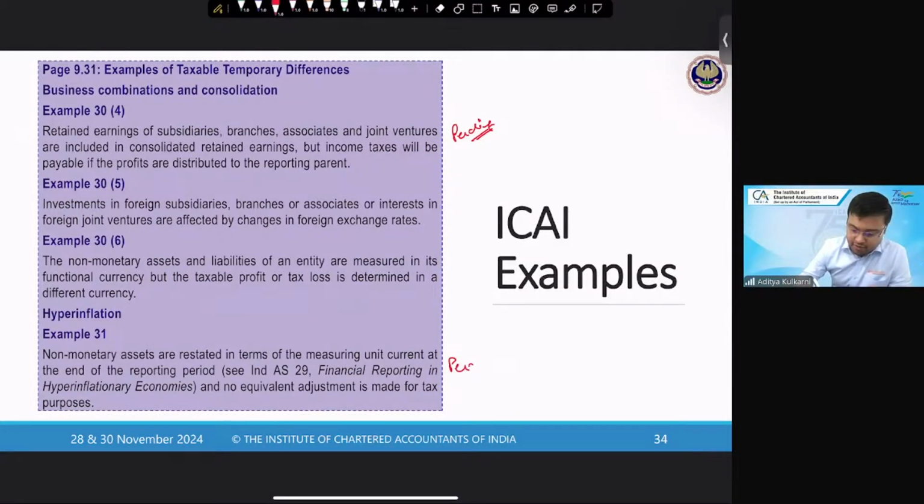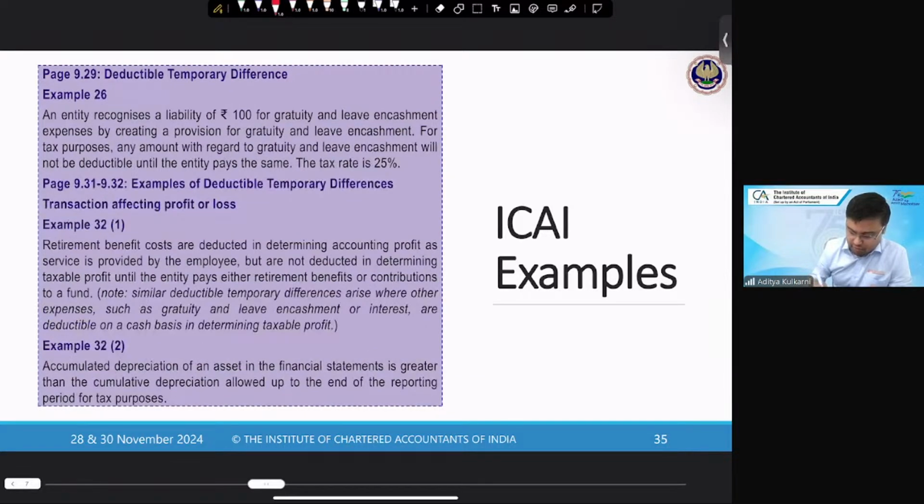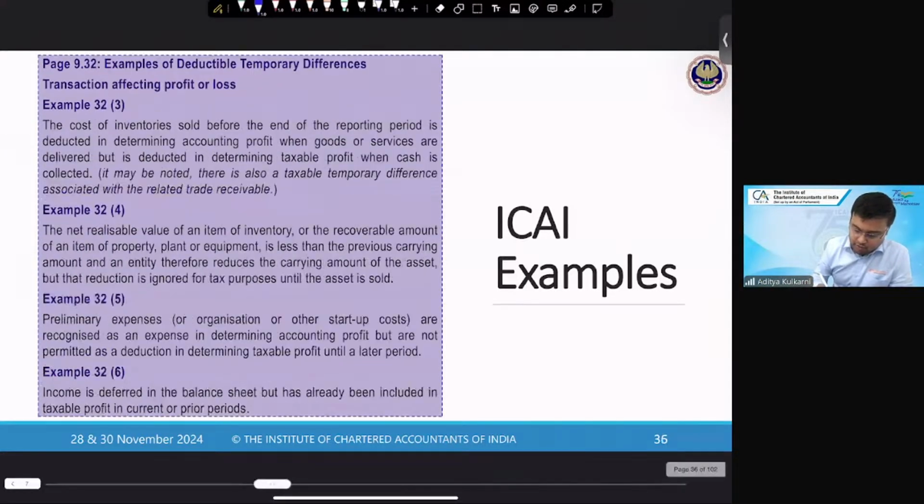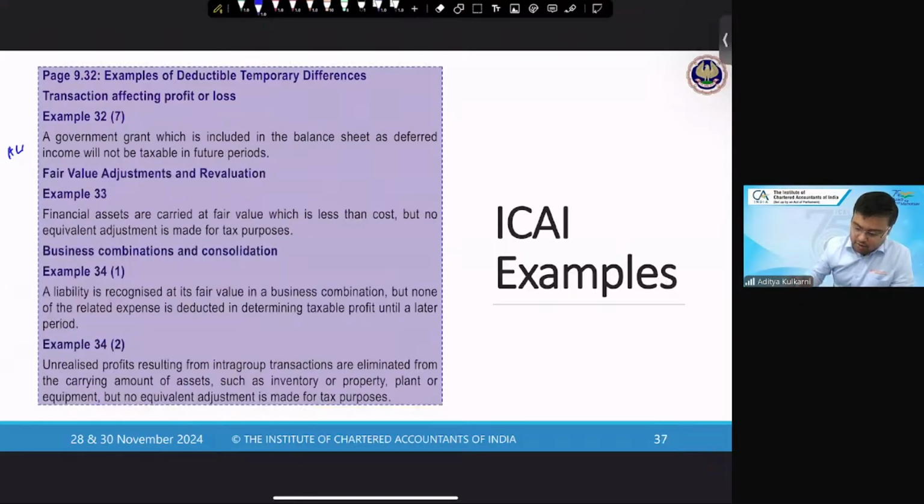Deductible temporary difference, homework, homework, homework. I leave this for homework. I leave this also for homework. All of these we have discussed. Homework. Business consolidation, you can leave it for today. I will explain it to you in the next class.